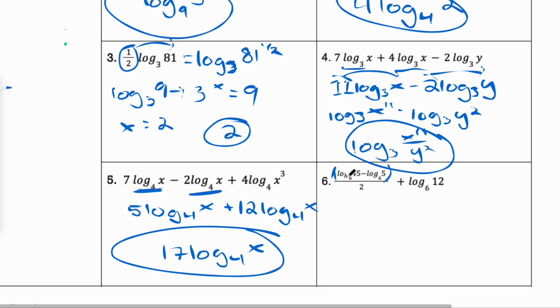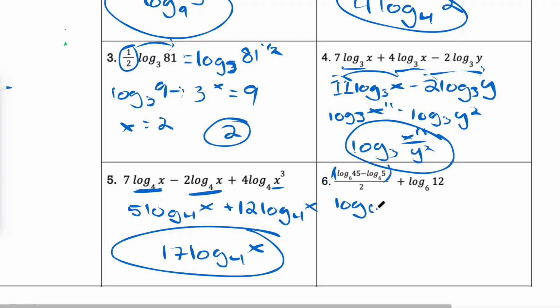So here for this numerator, we're subtracting. And since we're subtracting, what does that mean we're doing to our arguments? By the way, arguments are just whatever's on the inside. Well, we're doing 45 divided by 5, which I hope you're good with me saying is 9.